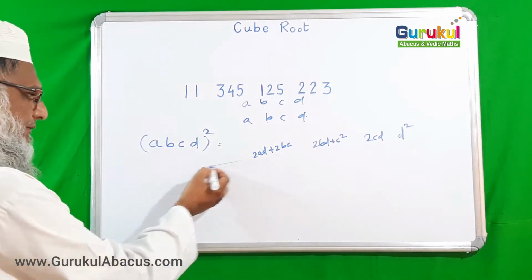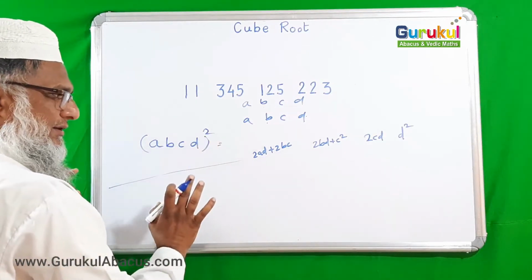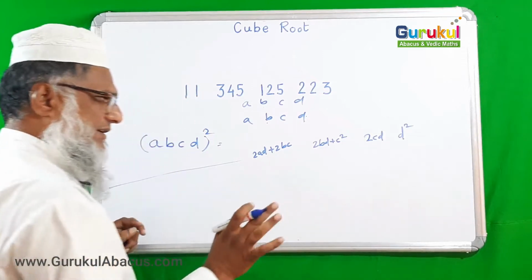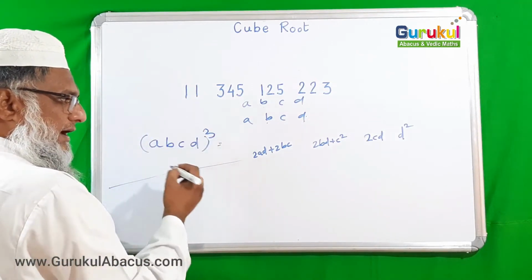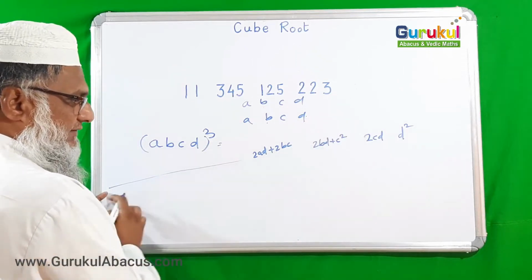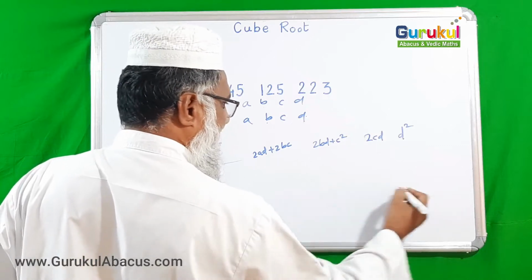Suppose we have found the whole expansion of (a b c d) square, but we have only the last 4 terms. Now to find the cube of it, I should multiply those 7 terms with a, b, c, d.